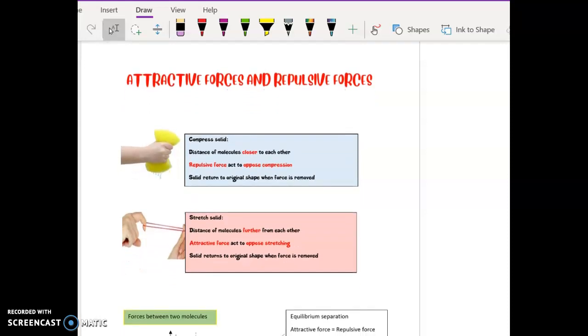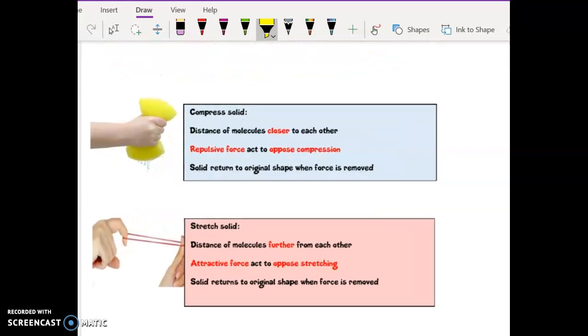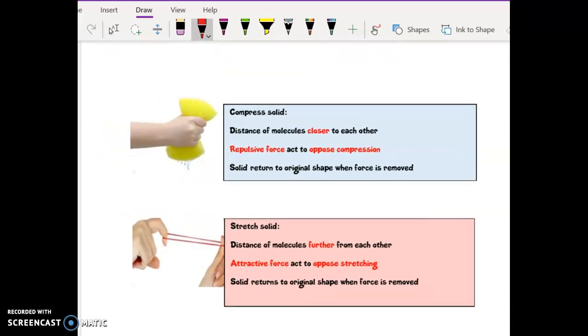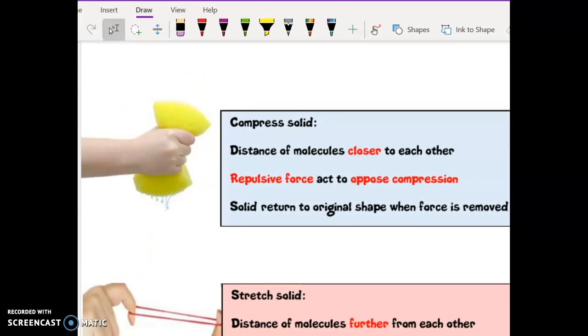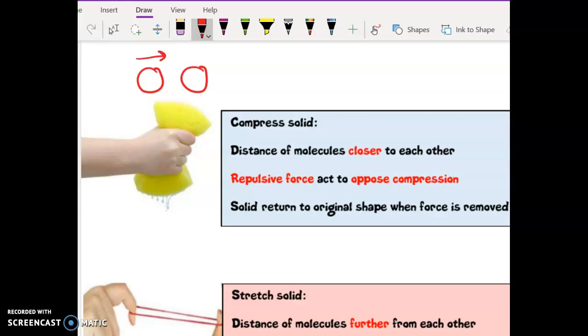You can see that in elastic objects, there exist two types of forces, which are attractive forces and repulsive forces. So what happens when we compress a solid? Here I have a diagram: a hand is compressing a sponge. When we compress the solid, the atoms inside the sponge will move closer to each other.